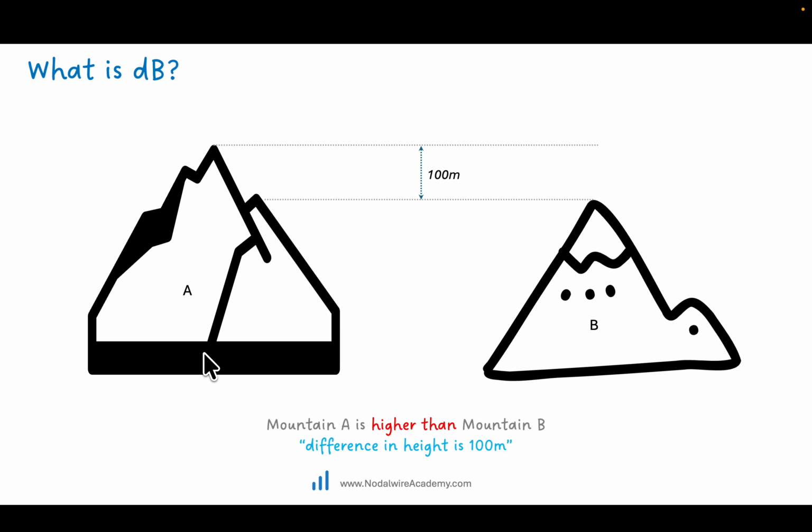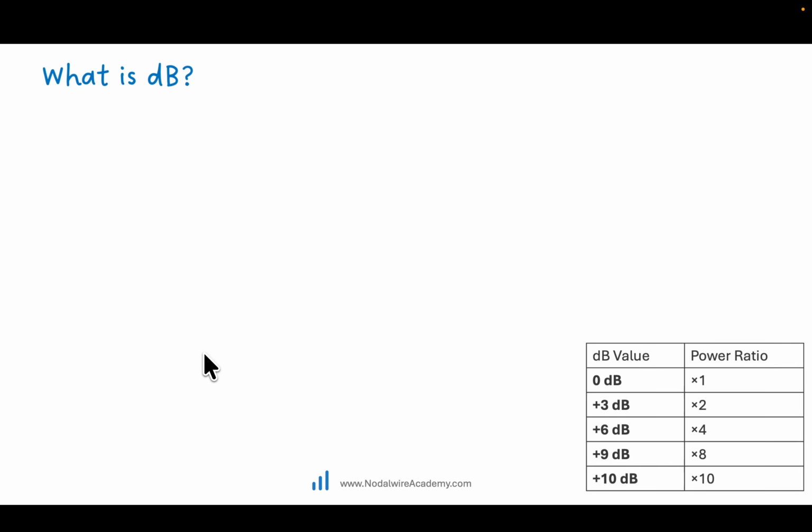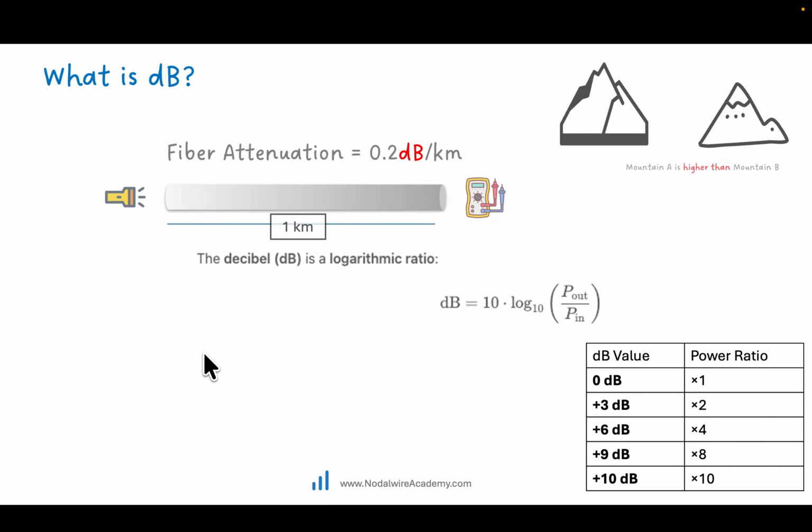The same analogy is used in dB as well. We are just comparing two power levels and finding the difference between the two. Whenever you do this kind of activity, we use the measurement called decibel.